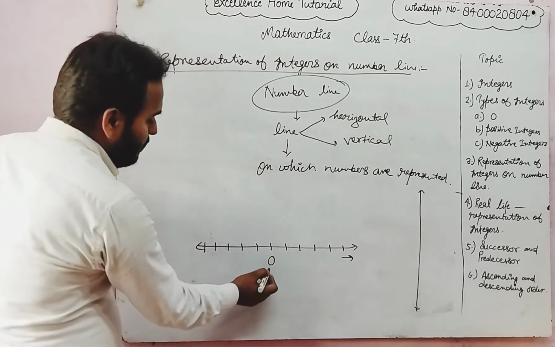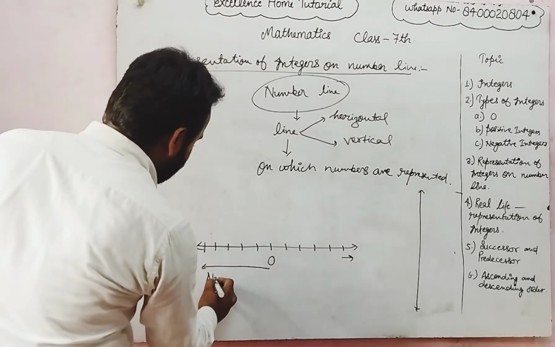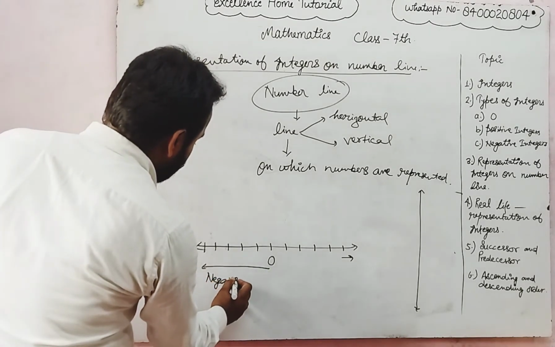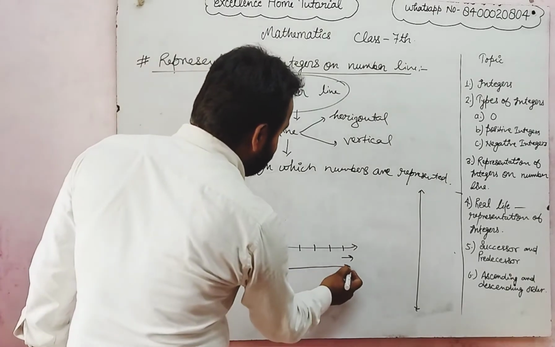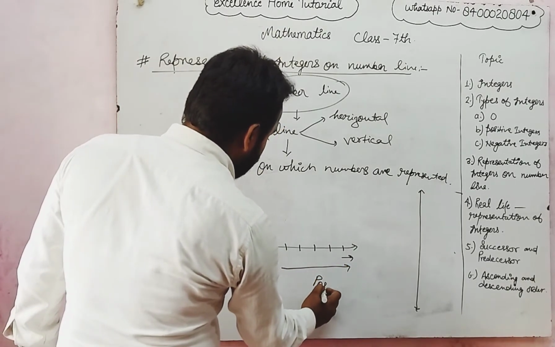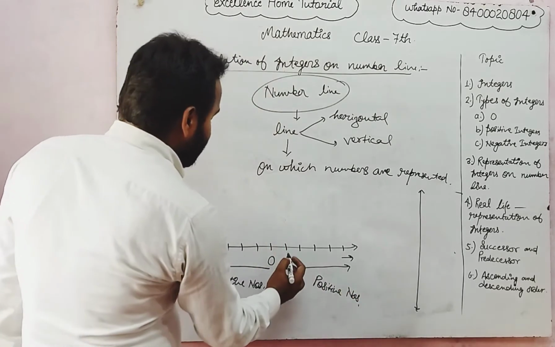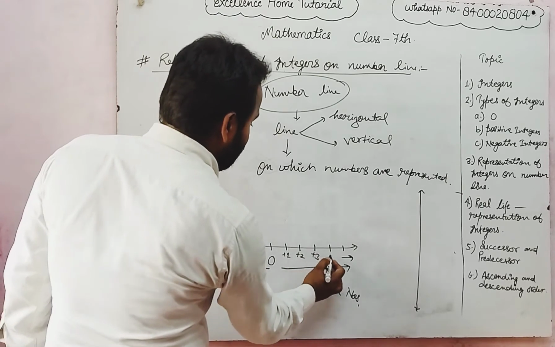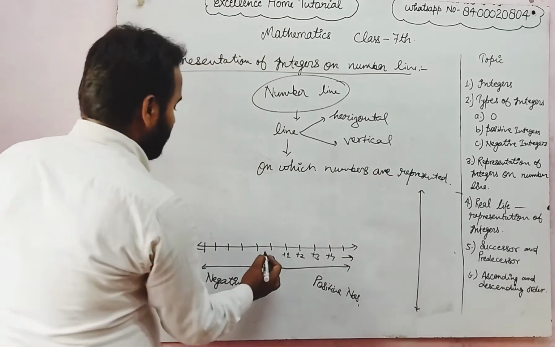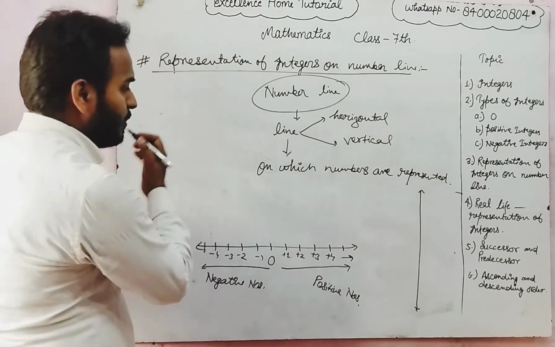On the left side of 0, negative numbers are represented, and on the right side of 0, positive numbers are represented. That is plus 1, plus 2, plus 3, plus 4 and so on. Minus 1, minus 2, minus 3, minus 4 and so on.